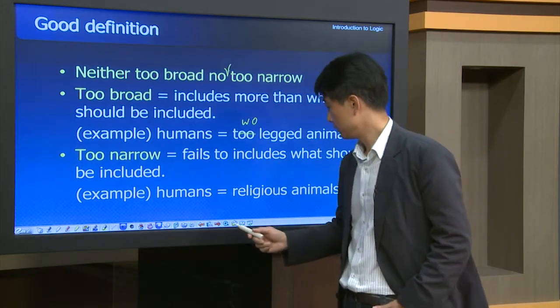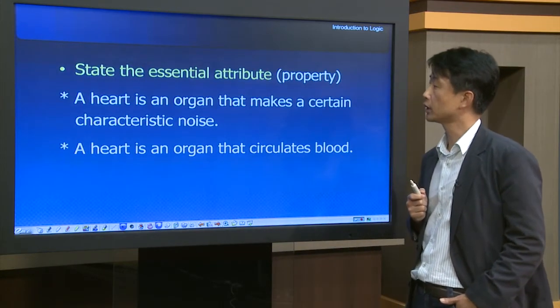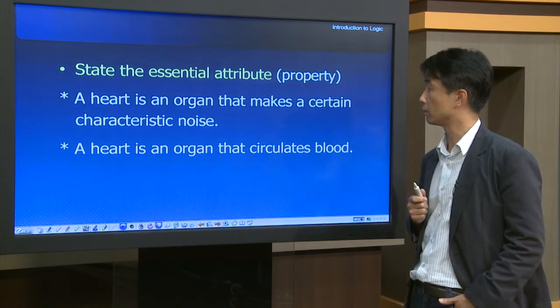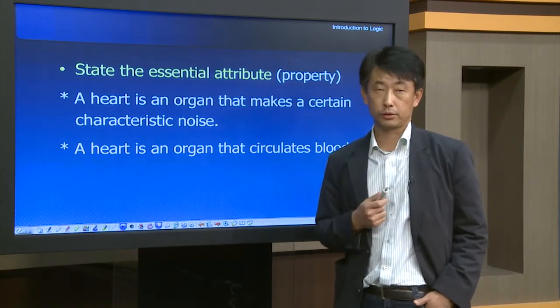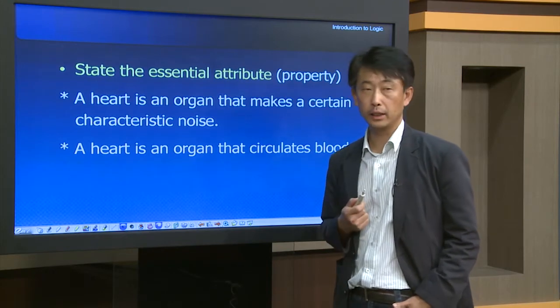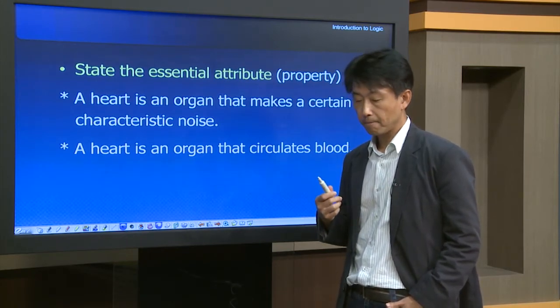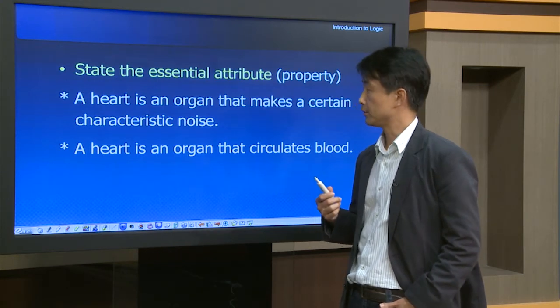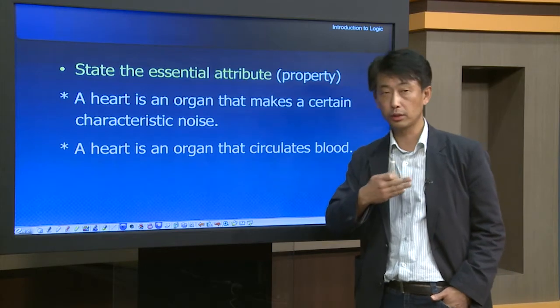The second rule of good definition is try to state the essential attribute or property. For example, what is a heart? Try to define it. Now, suppose you define heart by saying a heart is an organ that makes a certain characteristic noise.